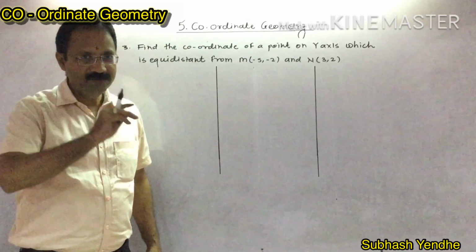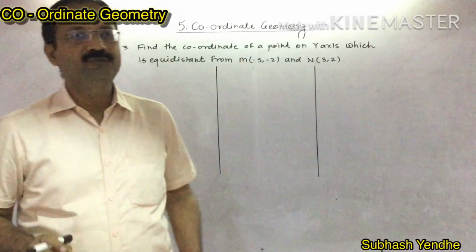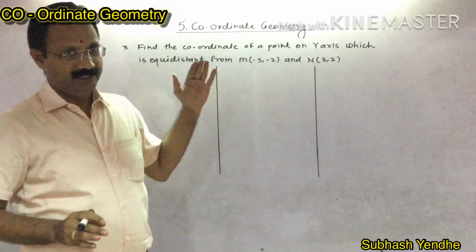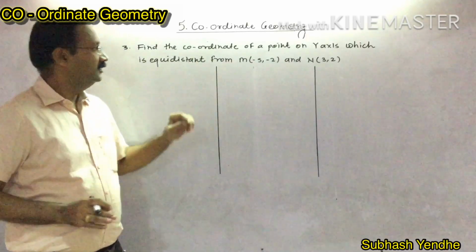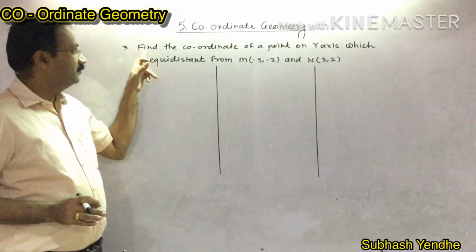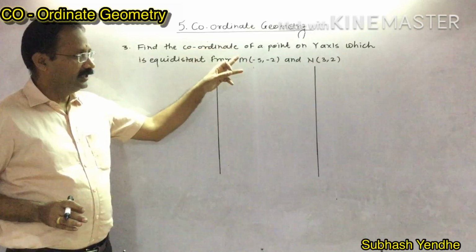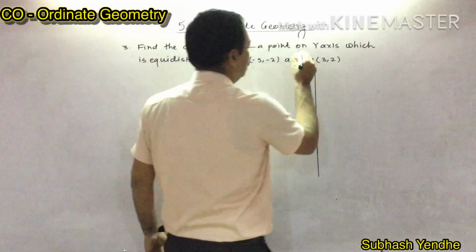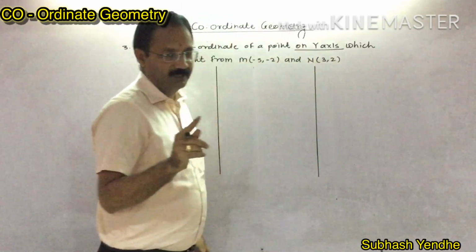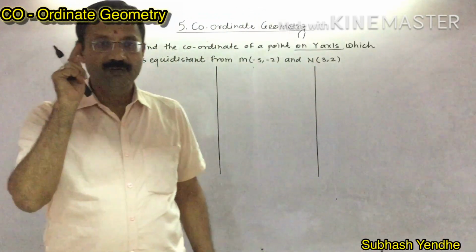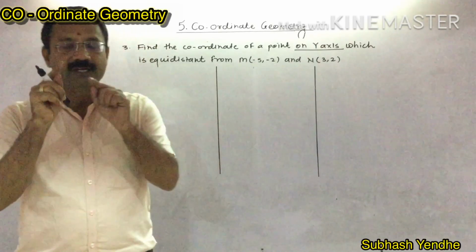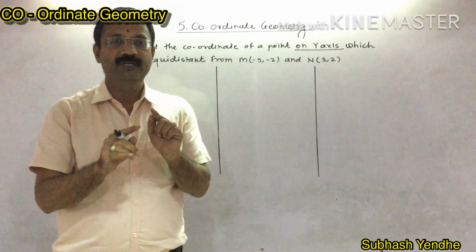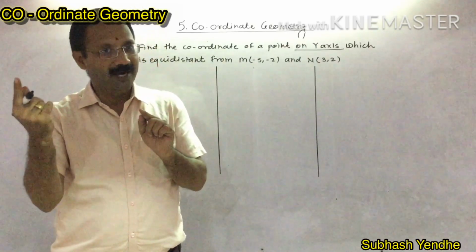Okay, let's see the third use of the distance formula, that is equidistant. So here, find the coordinates of the point which lies on the y-axis. Let me tell you one thing, always remember. If the point lies on the y-axis, its coordinates are always 0 and y.